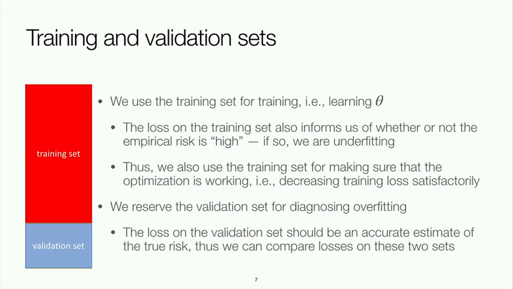I need to see whether this validation loss is much higher than the training loss, and if so, I can safely conclude that I am overfitting. What I need to do is maybe either make my model smaller, collect more data, or do different things along those lines to try to mitigate that overfitting.